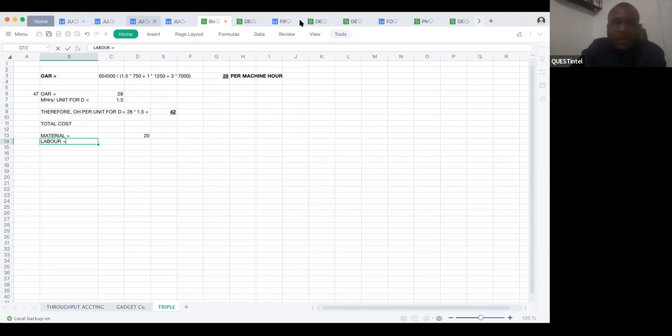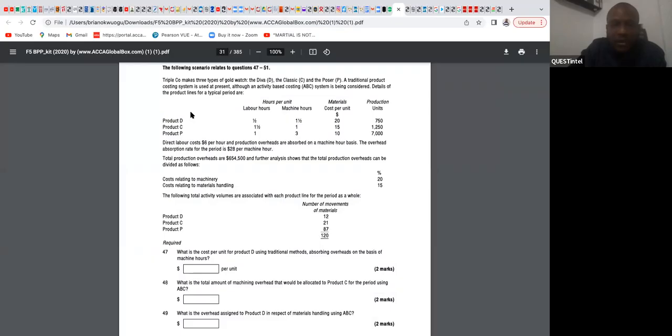So our labor cost per unit, that should be simple. Our direct labor multiplied by the number of labor hours per unit. They said our direct labor costs are $6 per hour. How many hours do we use for product D? 0.5.